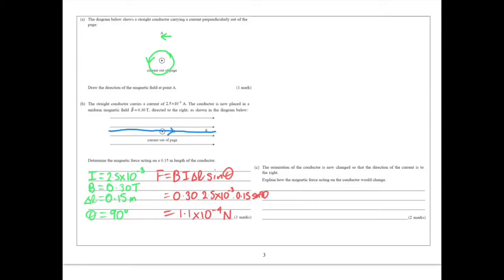So there's two clear things we want to demonstrate here. First, we want to show that the magnetic force would now equal 0. So magnetic force would equal 0. But now we need to explain that. So I'll change back to green.